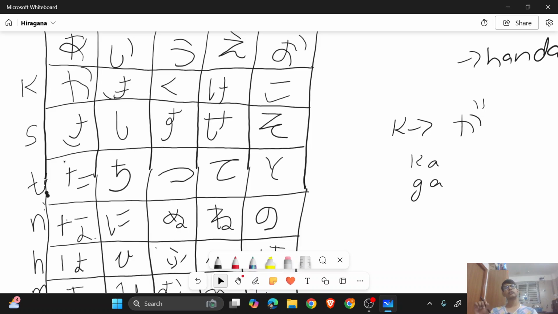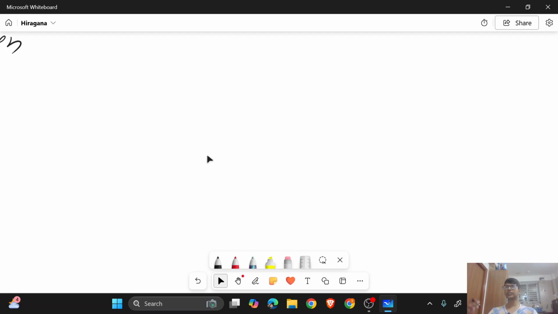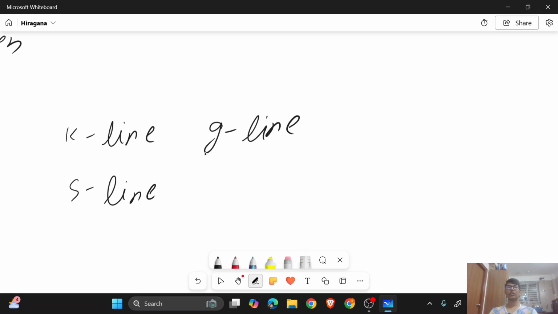Ga, gi, ki, like that. So if I have to give you the basic idea of how the lines will change, then K line will be pronounced as G line, S line will be pronounced as Z line.